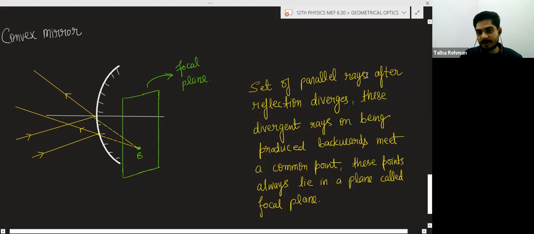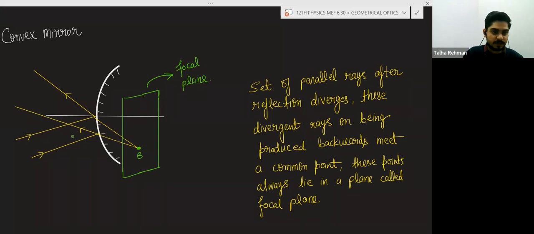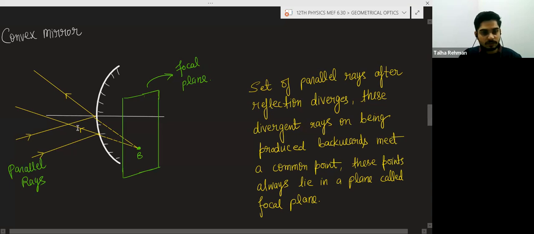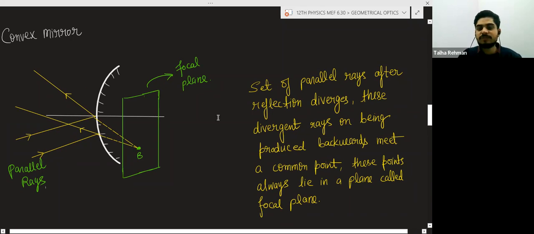These are the parallel rays. So a set of parallel rays after reflection: this ray after reflection is going in this direction, and this ray after reflection is going in this direction.